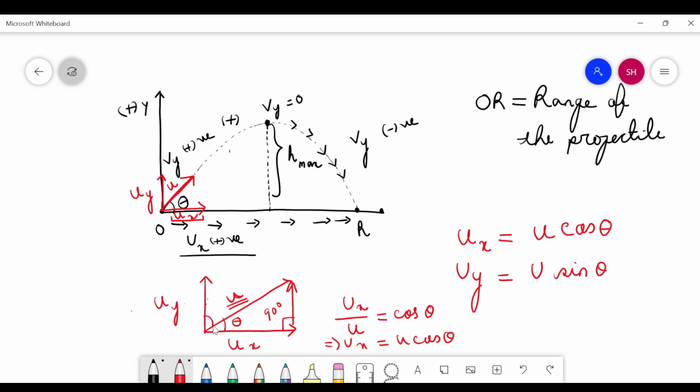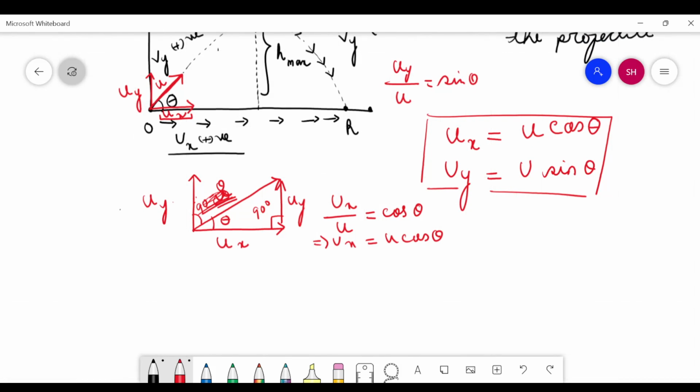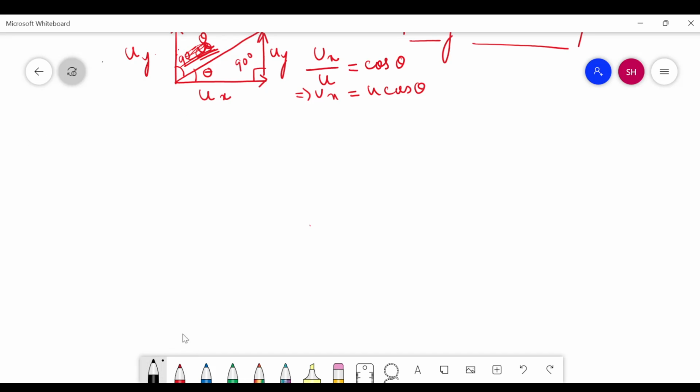And this is just 90 minus theta, so uy by u is equal to sin theta, hence uy is equal to u sin theta. So these two components are resolved, and hence we will analyze the horizontal motion and the vertical motion separately on the projectile.